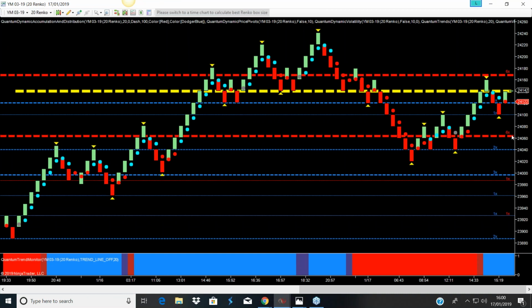I've taken the histogram element of this indicator off this chart, because it's the Renko, and I just want to see where this yellow dashed line is, because this is the fulcrum of this chart at the moment. It's clearly telling us that if it's going to go higher, it has got to move above this level, or this will cap any move and it will sell off. There's a lot of resistance here at the VPOC.